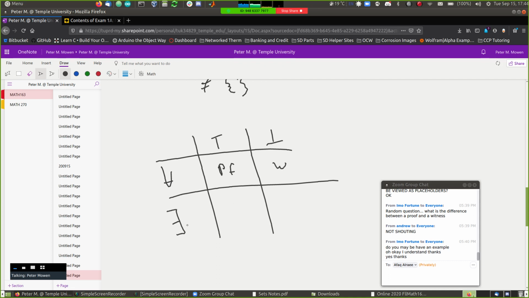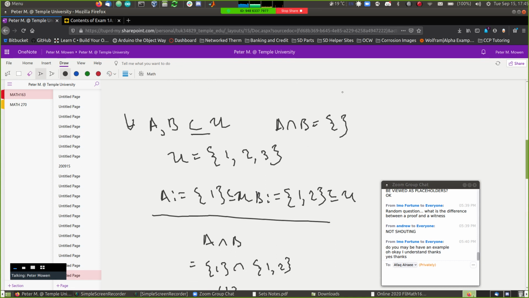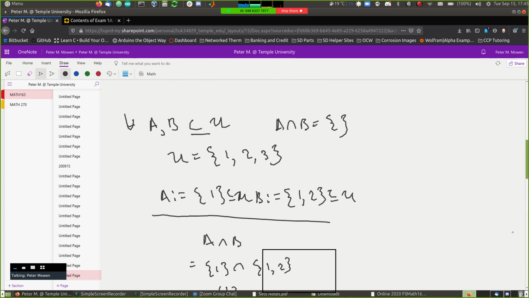And if you have a question where it's like there exists some, for example, with this universe, I could ask as a different question, let me just hide the chat for a sec, that there exists some A, B, which are subsets of the universe where A intersect B is equal to the empty set.